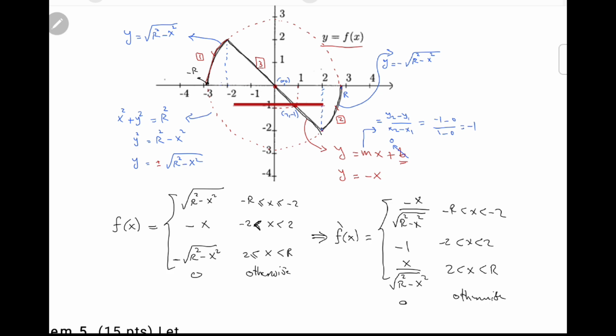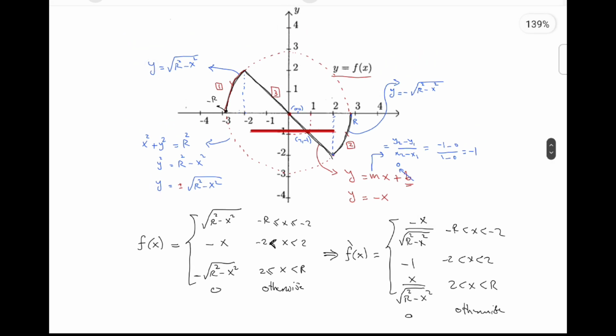And then here we notice that if you sketch it, there is a vertical asymptote at minus r, and also there's a vertical asymptote at r.